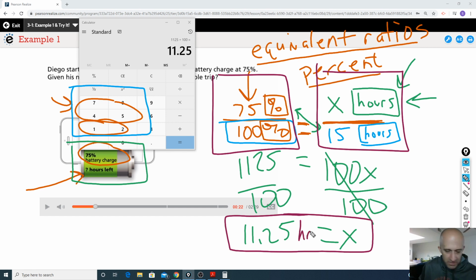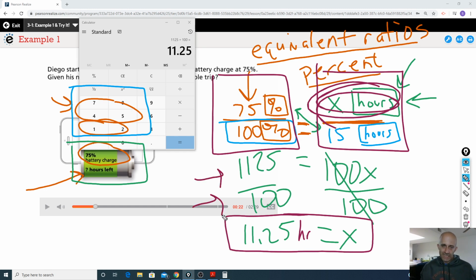You're finding what this X is, and I know I'm drawing a bunch on this. You're cross multiplying, and then just using your order of operations to find what X is. In this instance, you're trying to find how many hours are left. So X is 11.25 hours.